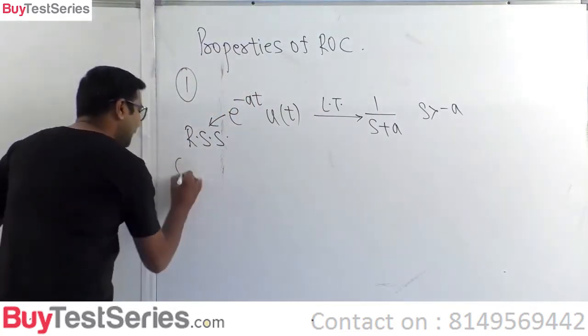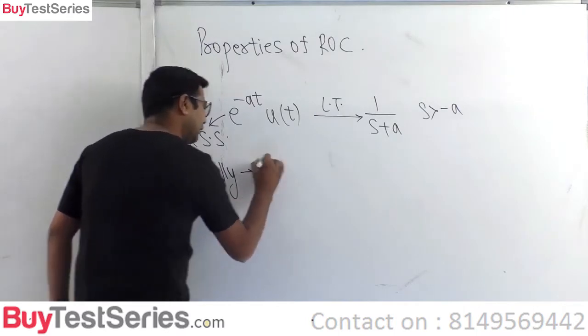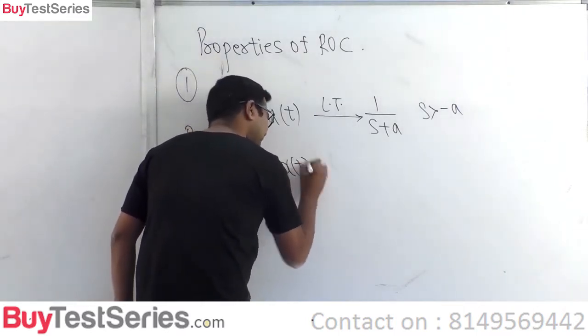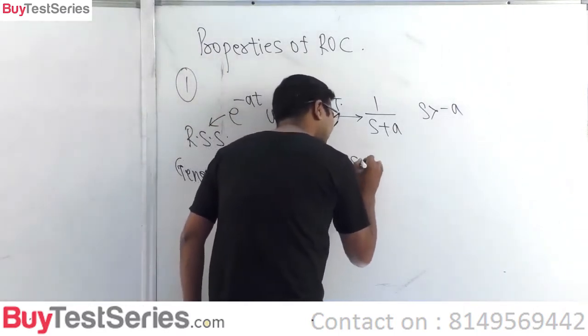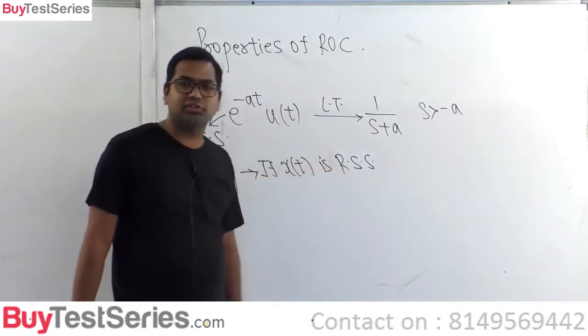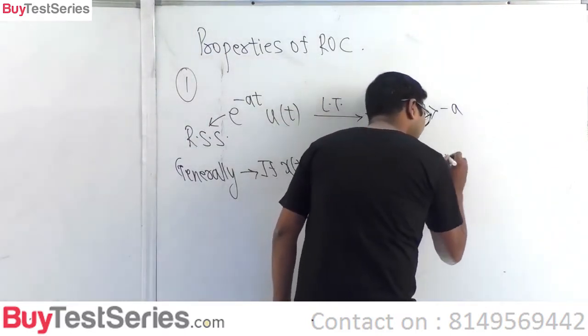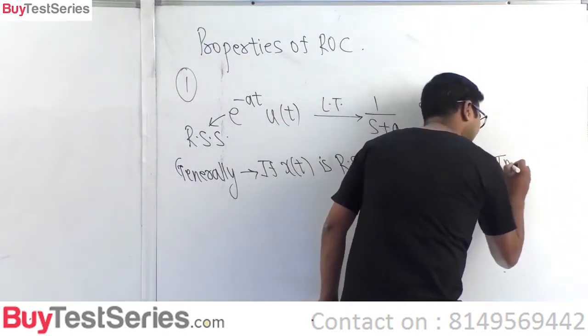So if I have to generalize, then I will say if x of t is a right-sided signal, if x of t is RSS, then ROC is s greater than sigma max.